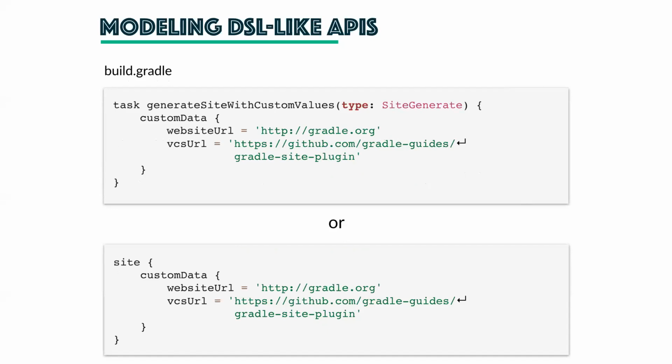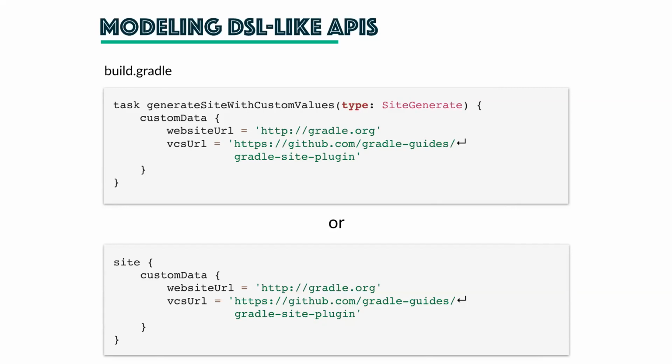So I just showed you an example of one of these DSLs that we can expose as part of a custom task. But we can also expose this on the top level of a project. Down here, we have a site that lets us provide some custom data for our site generation. For example, a website URL, a version control URL, and things like that. These are all things that you can make configurable as needed.